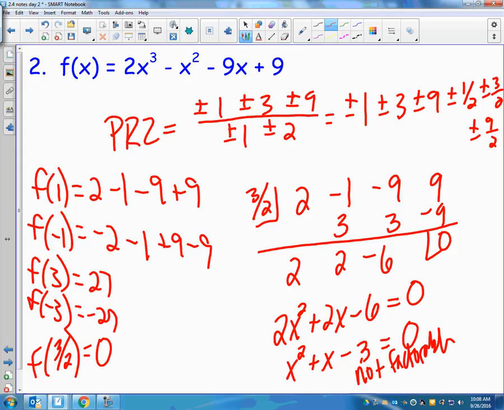So the only answer is x equals 3. If it is factorable, you might have 3 rational zeros here. Because if this was factorable, let's say if this was a 2, we could have factored that into 2 and 1, and we would have had those answers as well. Okay?